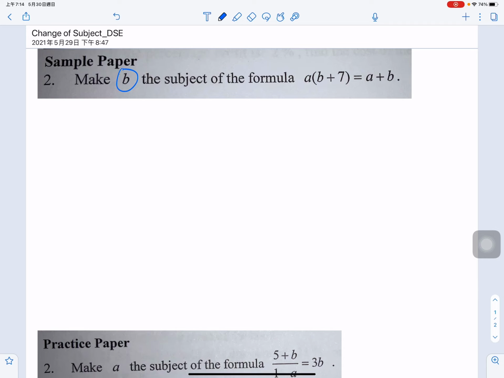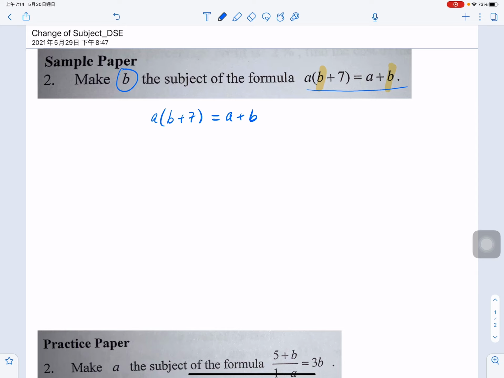Okay, this is the expression, and you found that there are two b's in this expression. So when we expand and simplify, we need to group b at one side. So let's start. 8 times (b plus 7) equals a plus b.